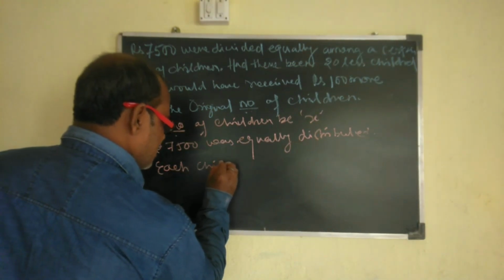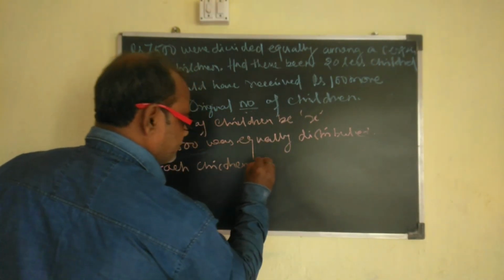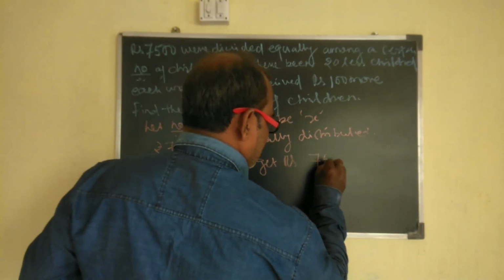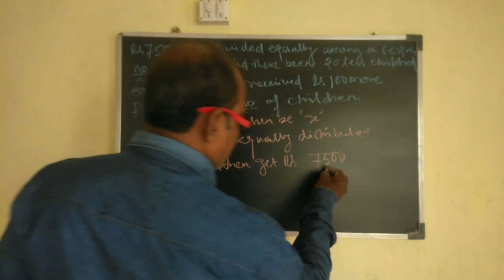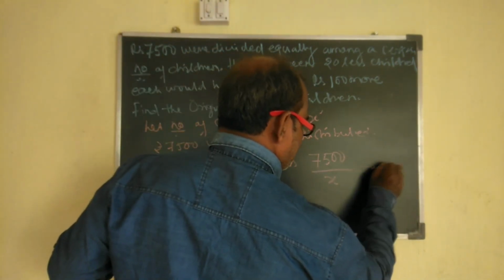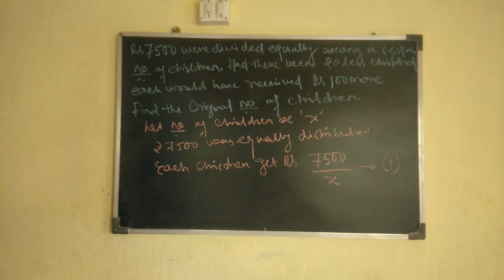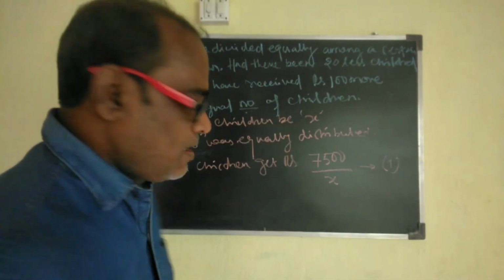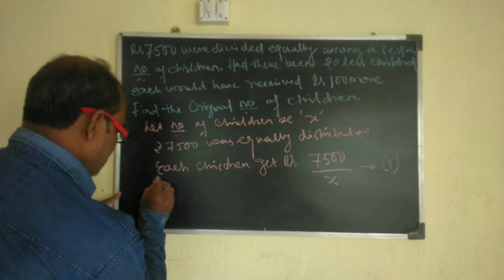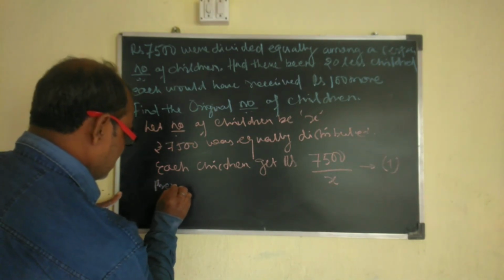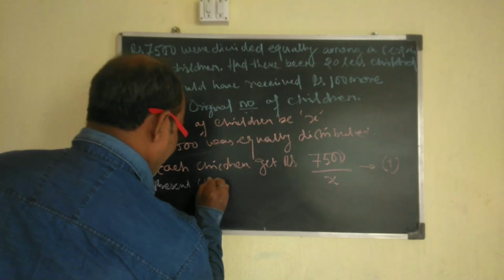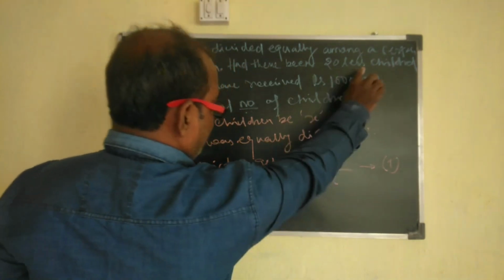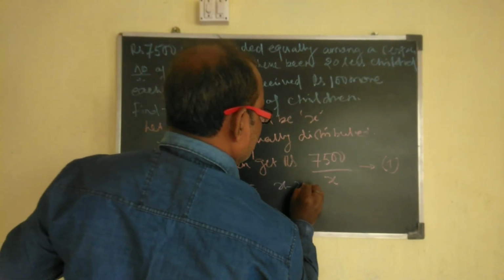Each child gets rupees 7,500 divided by x. This is number 1. Then what they said, had there been 20 less children, what was the original children? x. So present children, what they said 20 less, that means x minus 20.